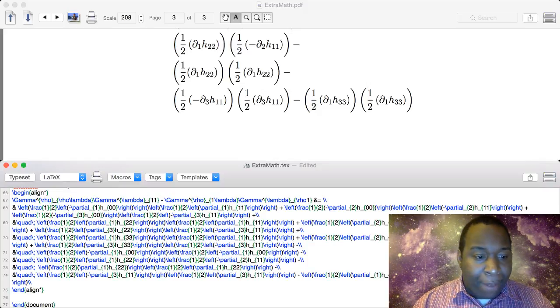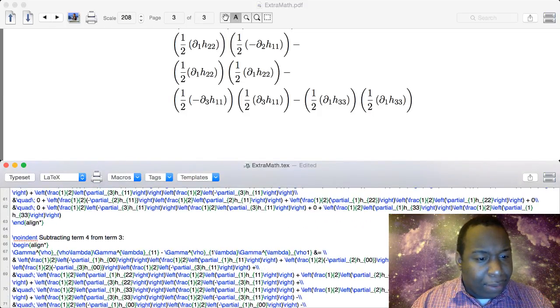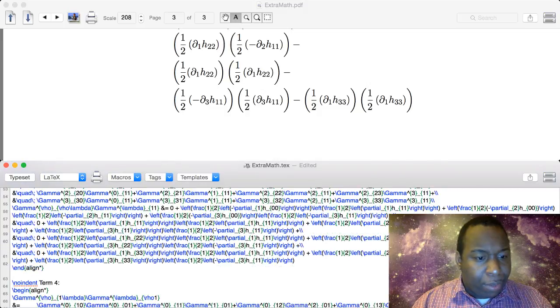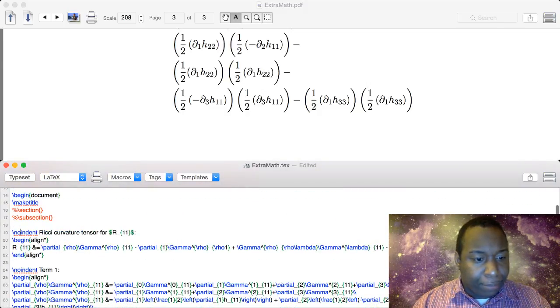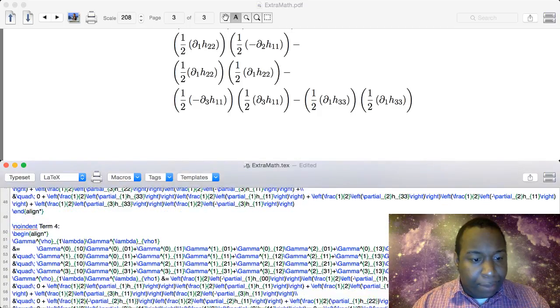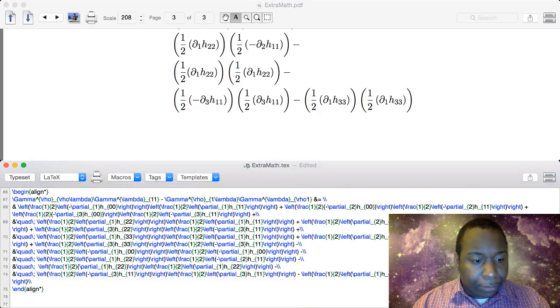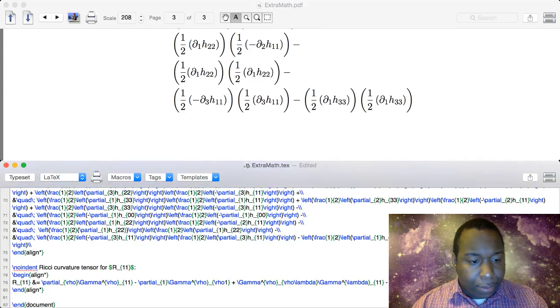I'm trying my best to be very careful in how I'm saying this stuff. So let's just do this. Let's copy and paste this line, and let's go ahead and put the terms together. And so I can delete this.